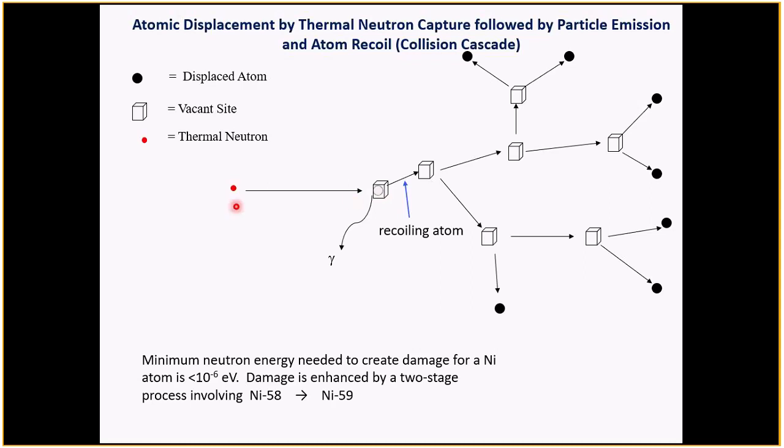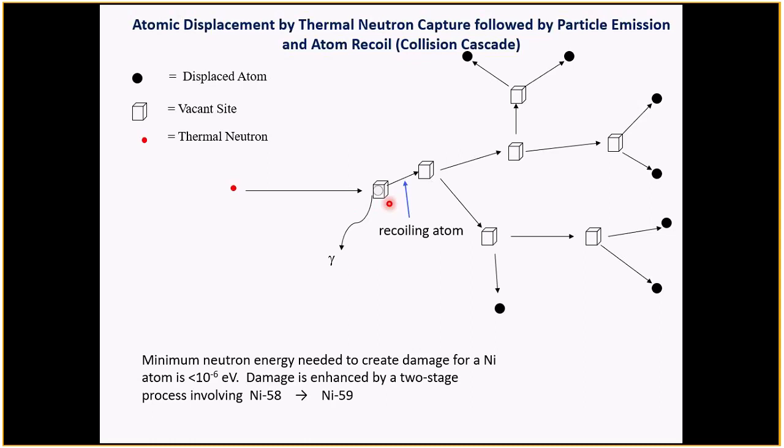Now, neutron for neutron, for an iron atom, the efficiency of producing displacements is about a factor of 100 different.